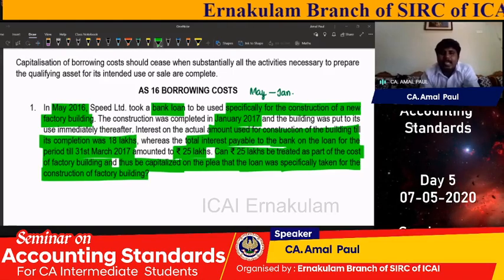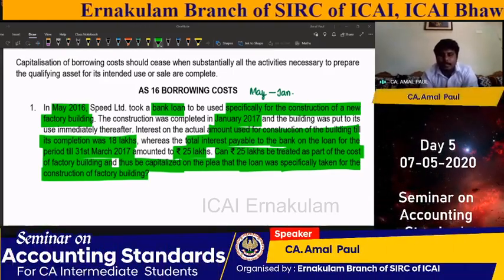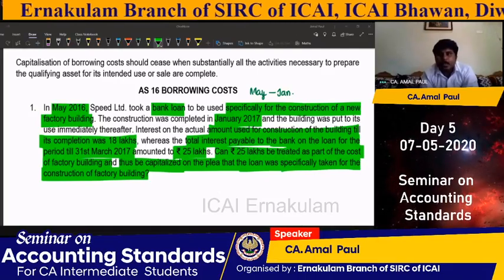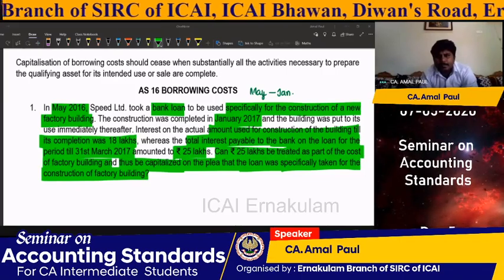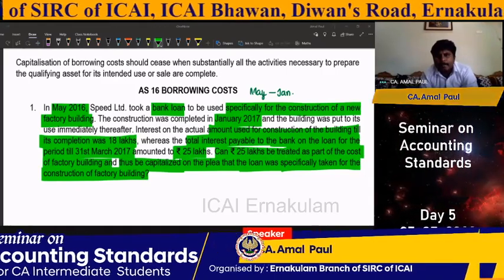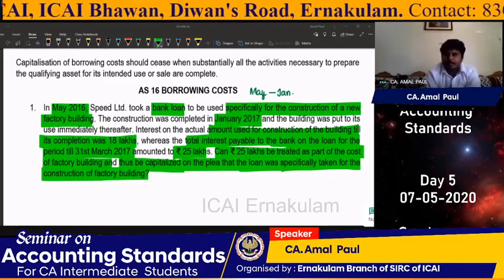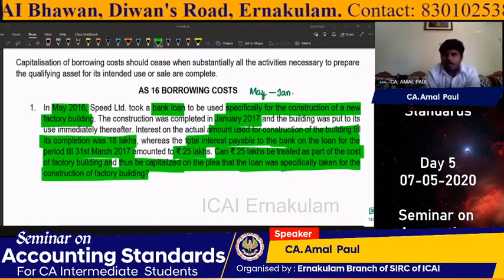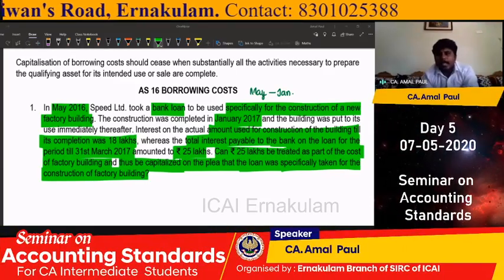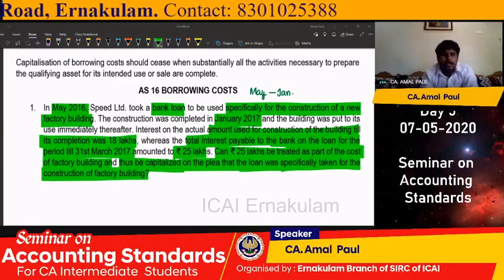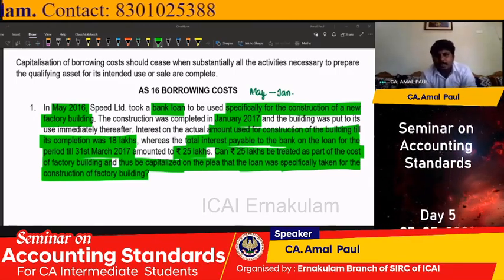Whether we can capitalize this entire 25 lakhs, this is the question. How much amount can we capitalize in this case?